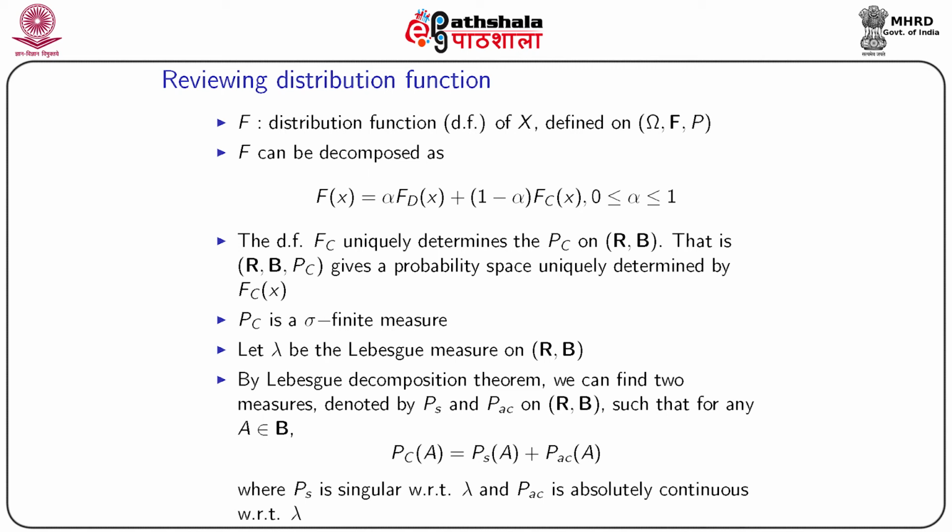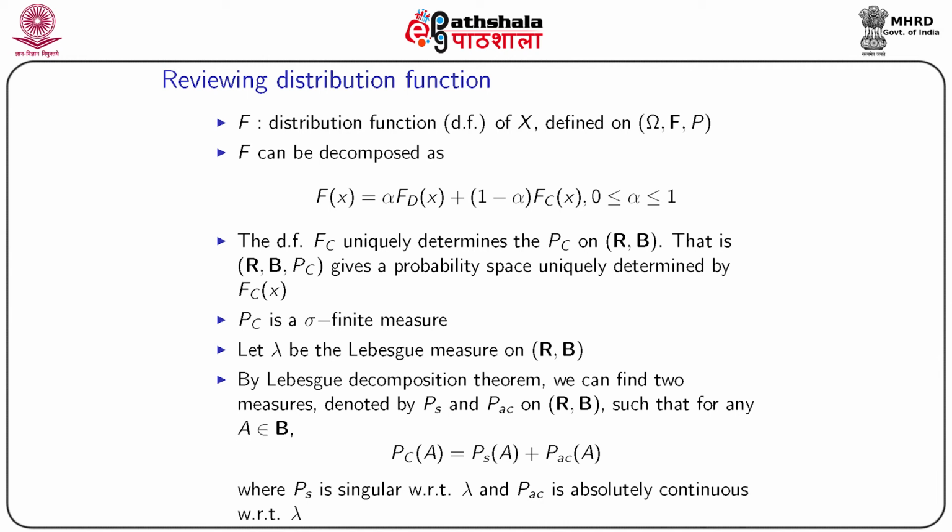The distribution function F_c for the continuous part uniquely determines the P_c, the probability measure for the continuous part on R, B. That is, (R, B, P_c) gives a probability space uniquely determined by capital F_c(x). And this P_c is a sigma finite measure.